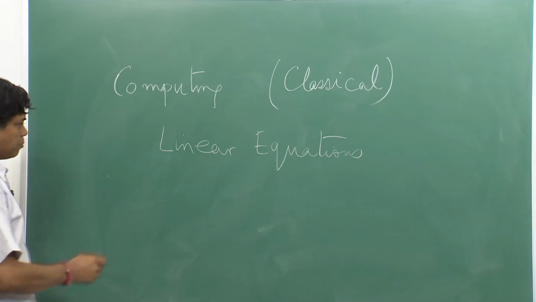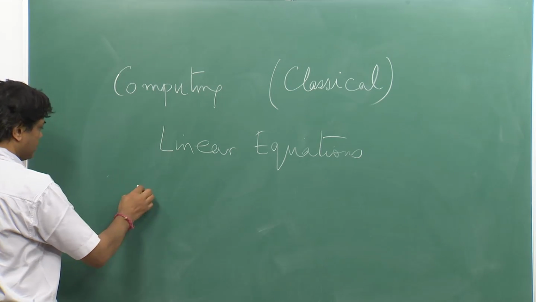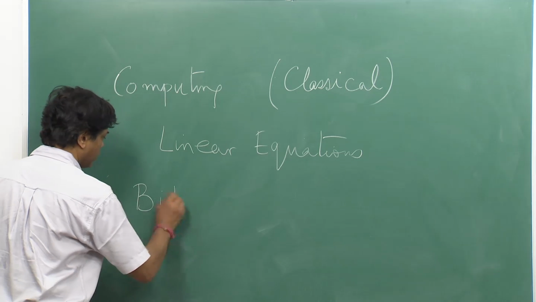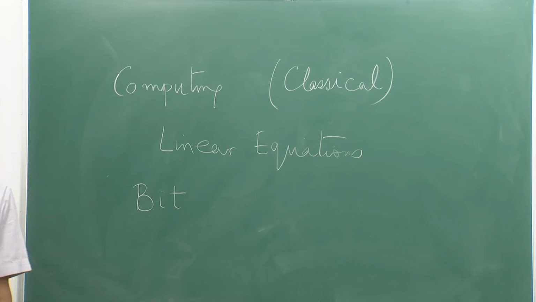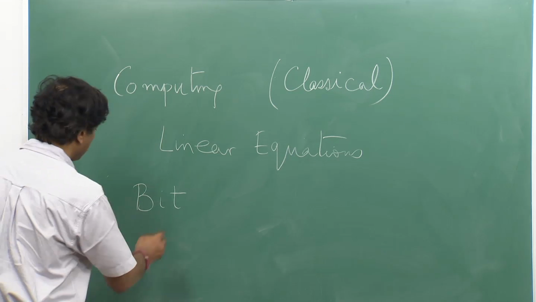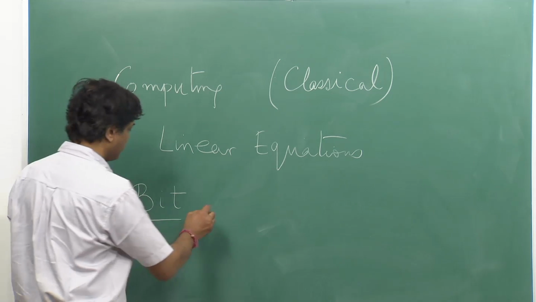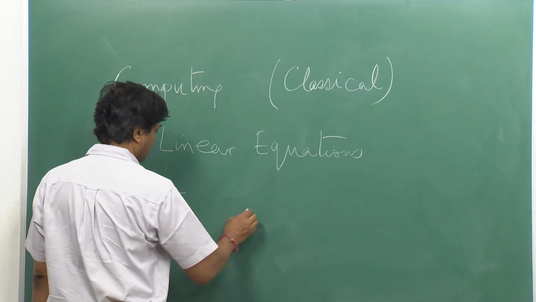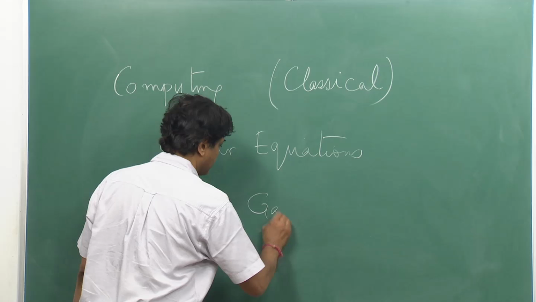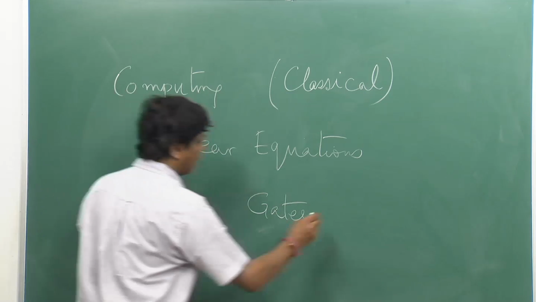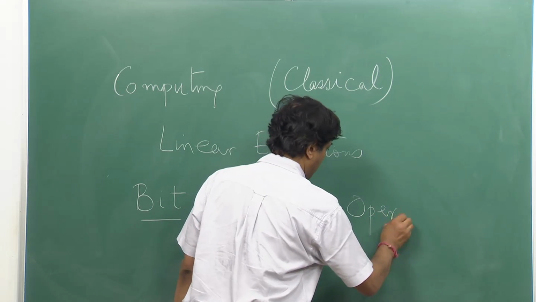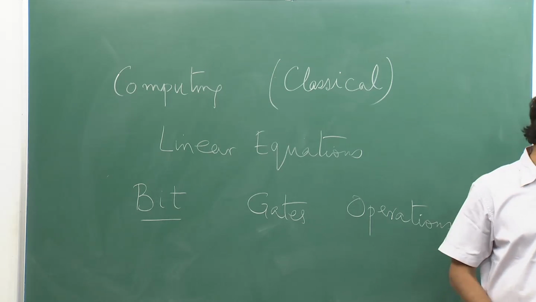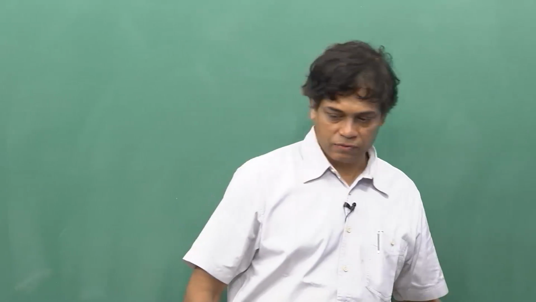The smallest step in all of these involves computers which use something called a bit. That is the point where you use your computing device from, and they will be utilizing gates and operations. This is how the very basics will start.